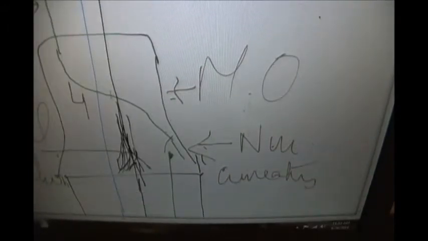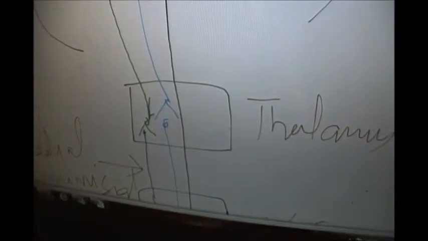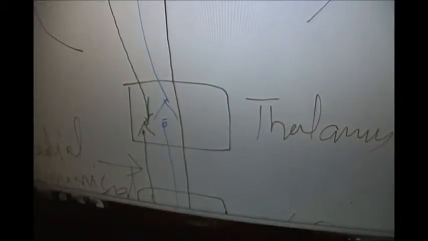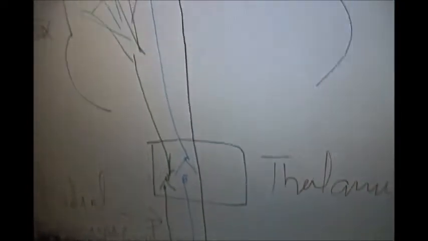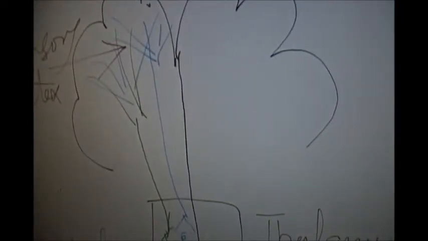This is the medulla, where the dorsal column relays, and then this is the thalamus, where both the spinothalamic and dorsal column relay in the VPL, the ventral posterior lateral nucleus of the thalamus. From the thalamus the third order neurons arise and travel up to the sensory cortex of the cerebral cortex, areas 3, 1, 2 of Brodmann.